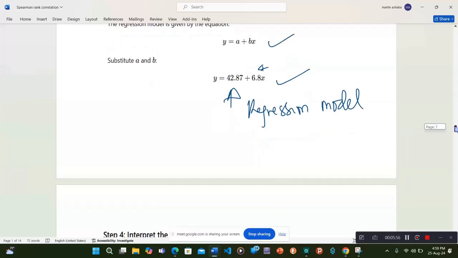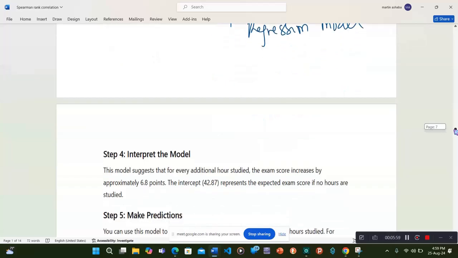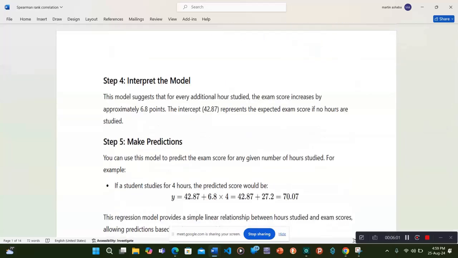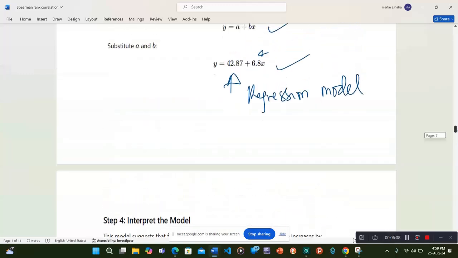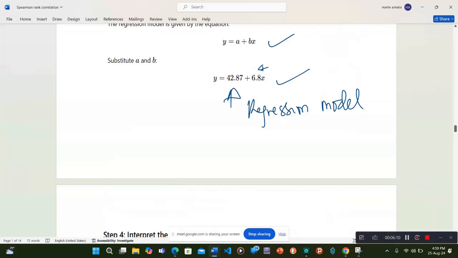Then the intercept is 42.87 and represents the expected exam score if no hours are studied. So if the student did not study in any way, like he did not spend any time in class, his expected score is around this. Obviously it is less than 50, and this student is likely to fail. That's what the model is telling us.